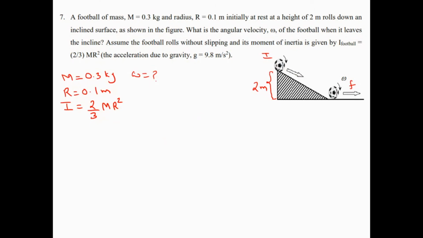Now we are going to find the angular speed. For that I have to use the law of conservation of energy.